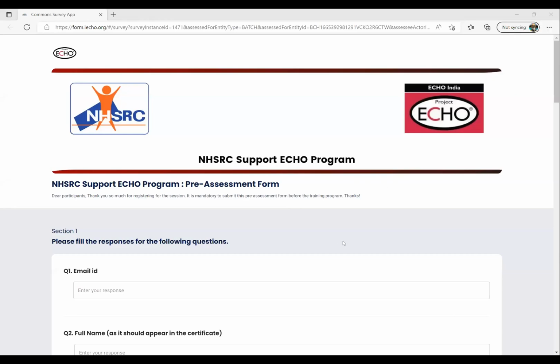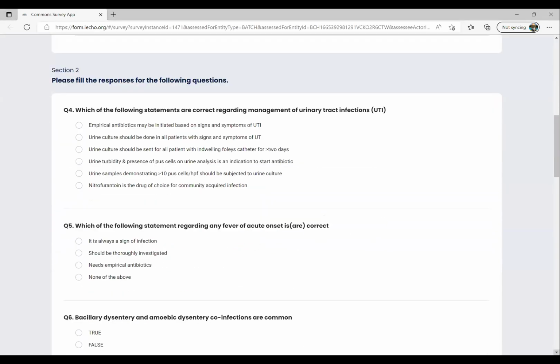Can you see my screen? This questionnaire is there. Yes. Okay, I don't know the responses here, but let me tell you the correct answers for these questions and the reasons for this. Which of the following statements are correct regarding management of urinary tract infections? There were 6 choices given here.